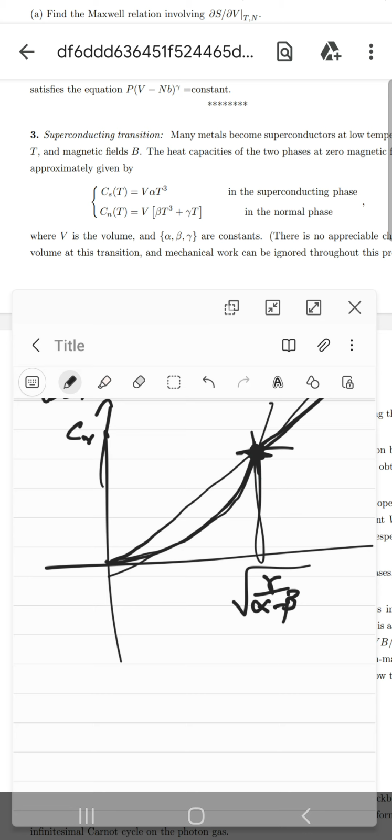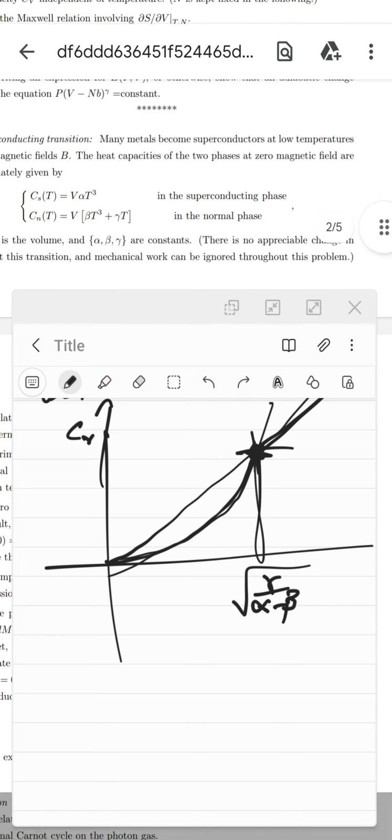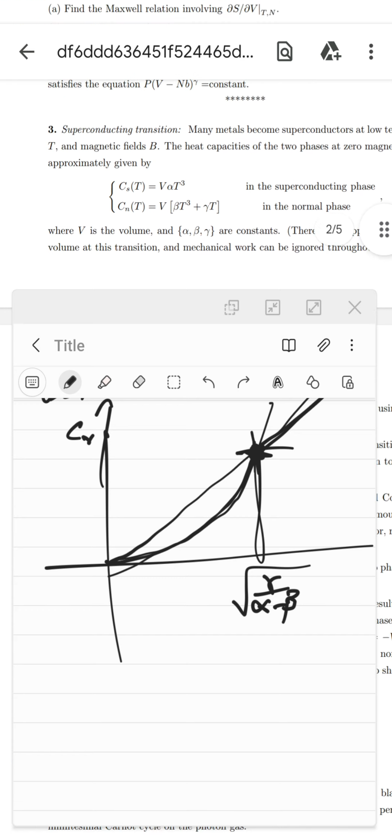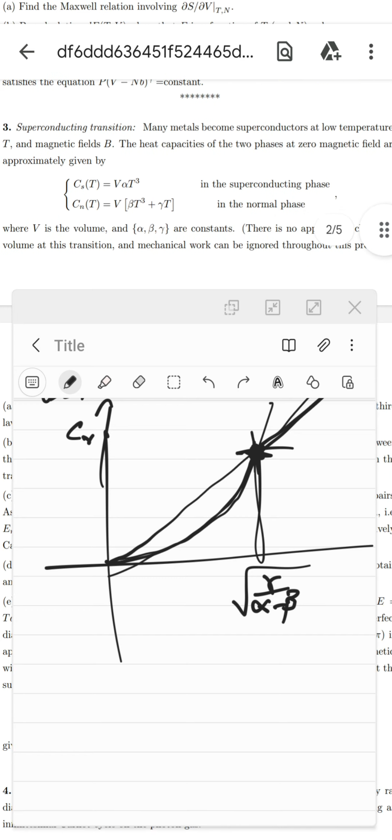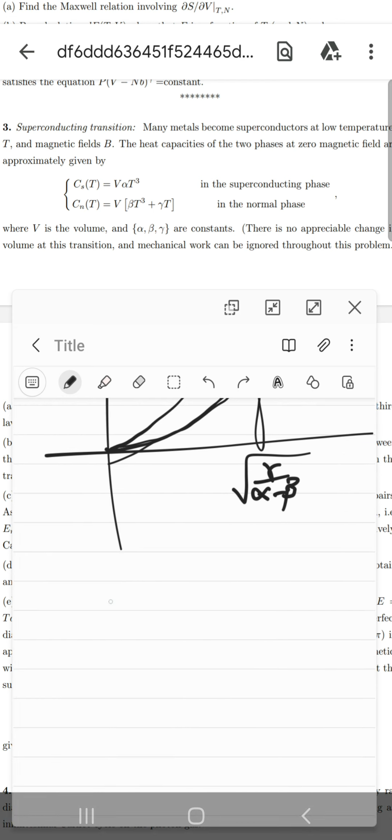For the entropy at the T equal to 0 case, we'll have to look at what happens at the low temperatures. That's when it becomes a superconductor. So we basically just have that the heat capacity, for our concerns, is just alpha V T cubed. I think I've seen something similar before, I don't quite remember, but anyway.